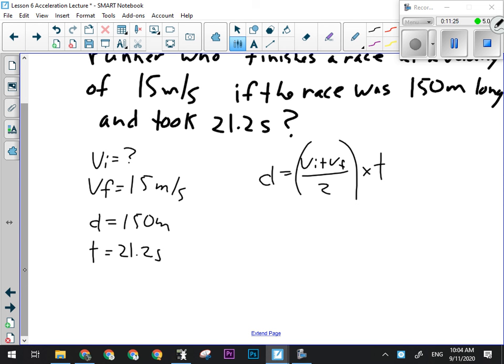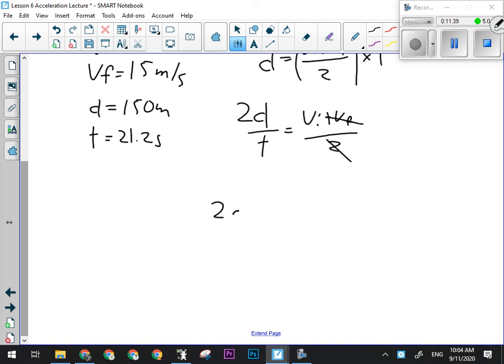So I'm going to first divide both sides by t. So I've got d over t equals (VI plus VF) over 2. I'm going to multiply both sides by 2 and then subtract VF. So what I'll be left with is 2d over t minus VF equals VI.